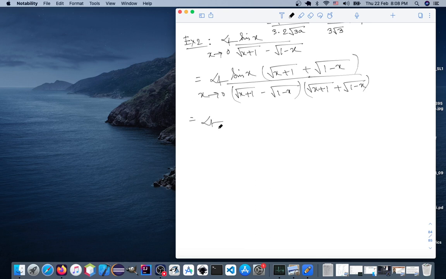So this becomes sin x times root over x plus 1 plus root over 1 minus x, and the rationalized term in the denominator becomes x plus 1 minus 1 minus x.